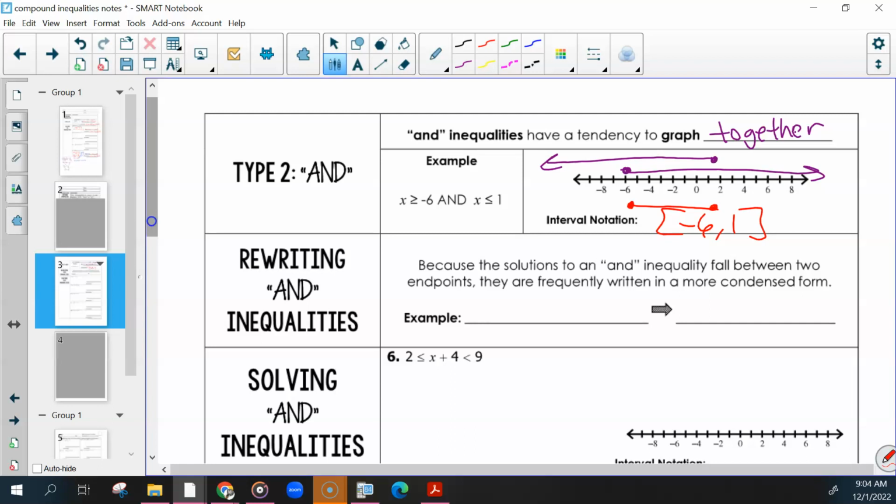And then because the solutions to an AND inequality fall between two endpoints, they're frequently written in a more condensed form. So I'm going to take the one we had. Write those two inequalities. But when we write our AND answers, they're going to be from this number to this number with x in between.